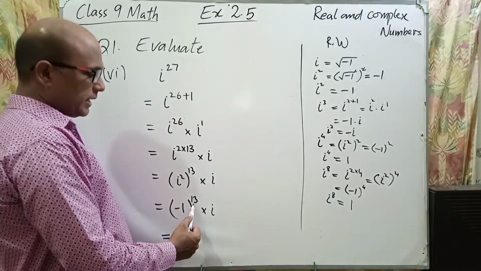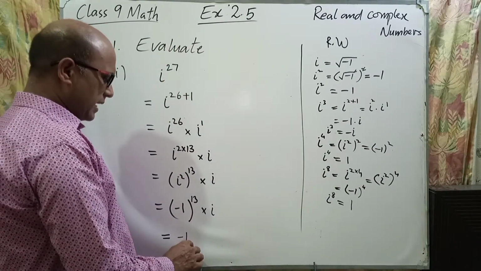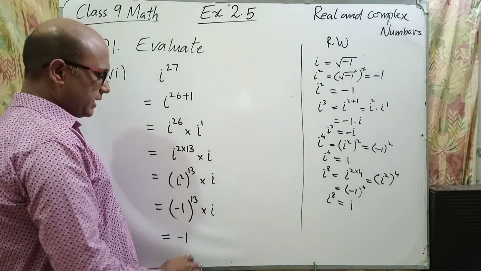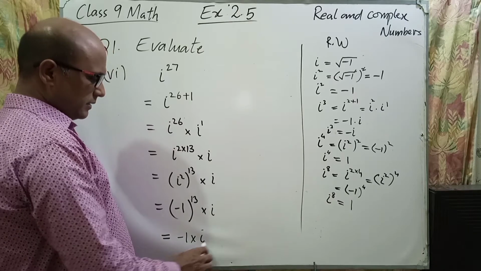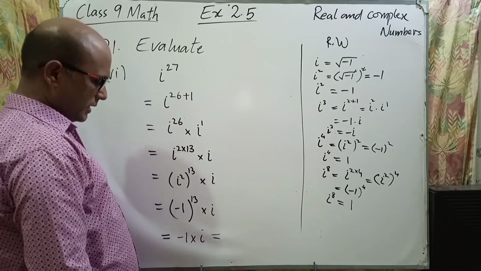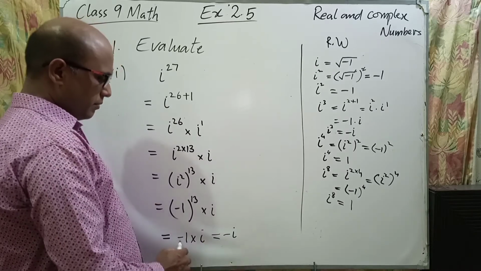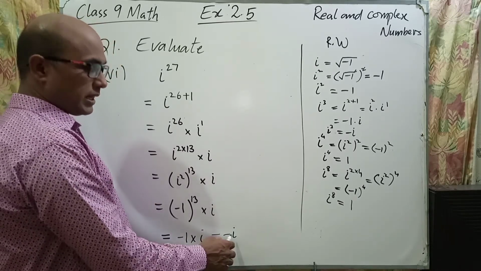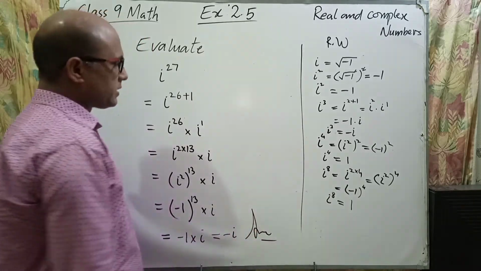If the exponent is an odd number, students, minus will remain as it is with the answer. It will become -1 multiplied by iota, and it is equal to minus iota. -1 multiplied by iota is equal to minus iota is the answer.